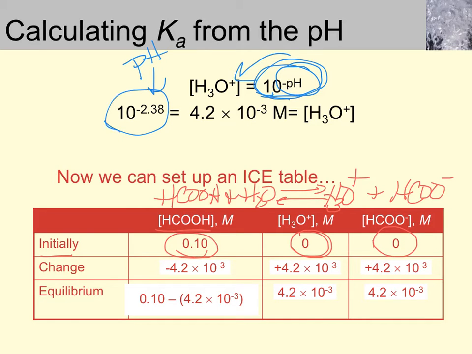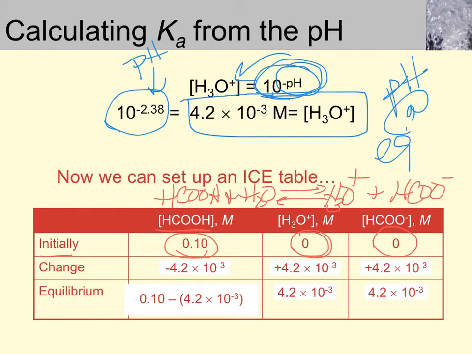So 10 raised to the minus 2.38 gives us a hydronium ion or hydrogen ion concentration of 4.2 times 10 to the minus 3. pH values are measured at equilibrium. So anytime you're given a pH value, that is an equilibrium value. And look, you now have an equilibrium value for the hydronium ion concentration.